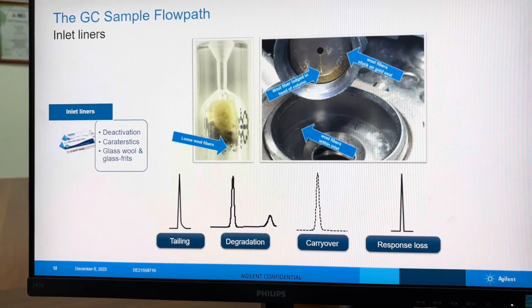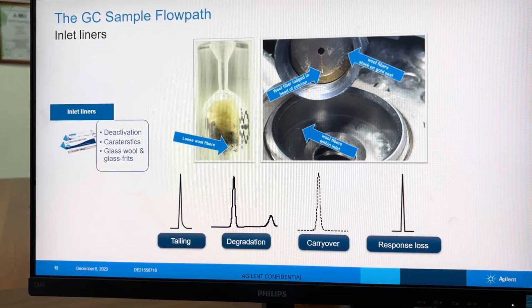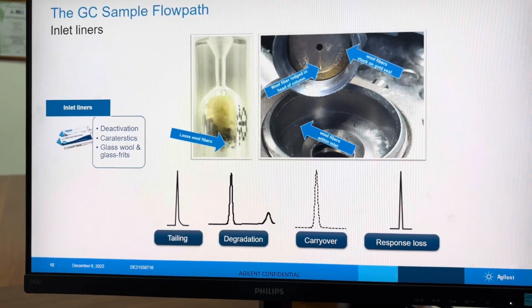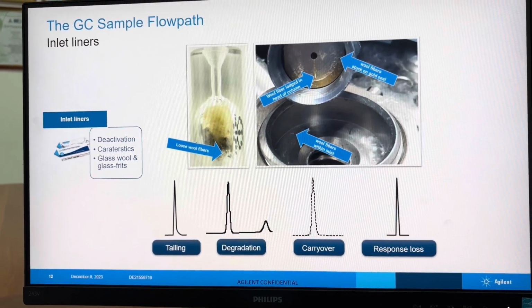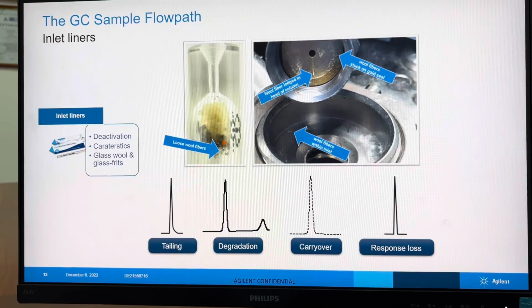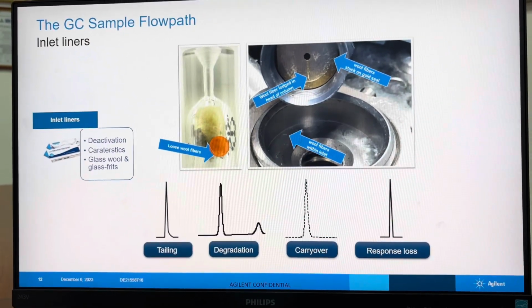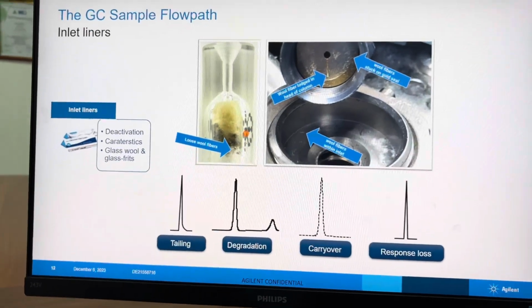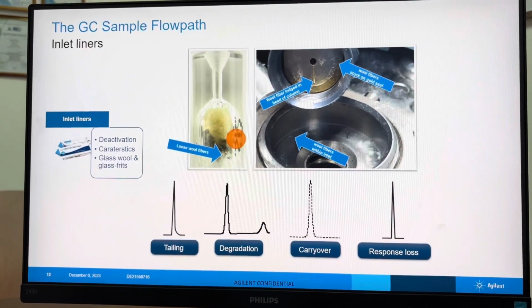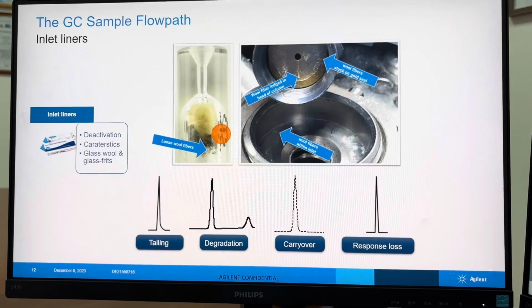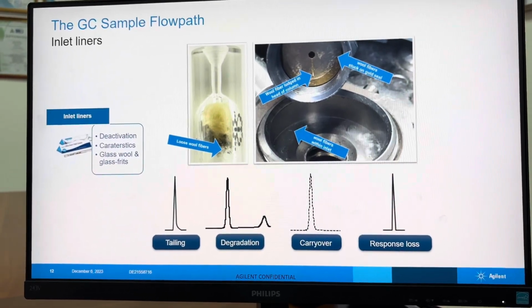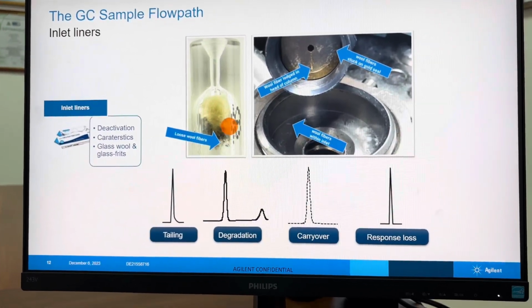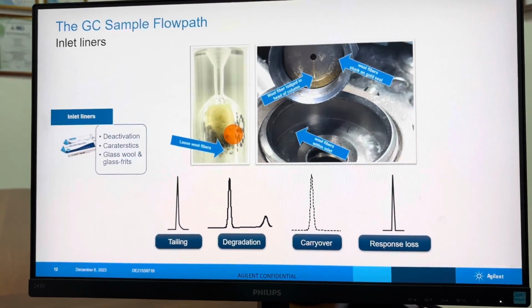Secondly, when we are removing glass wool from the liner or packing it back, the first and foremost thing is we scratch the inner glass surface, which will create active surfaces. Once an active surface is formed, when you inject active compounds during the runs, you will see the peak tailing issue or the carryover issue.